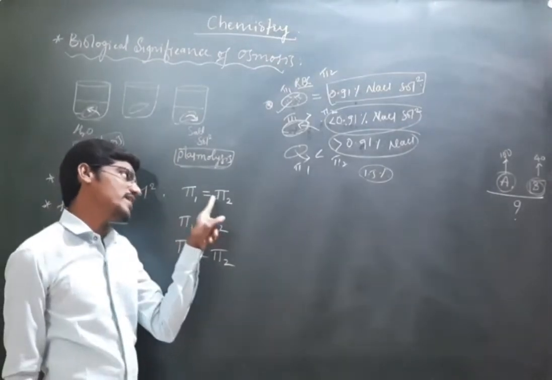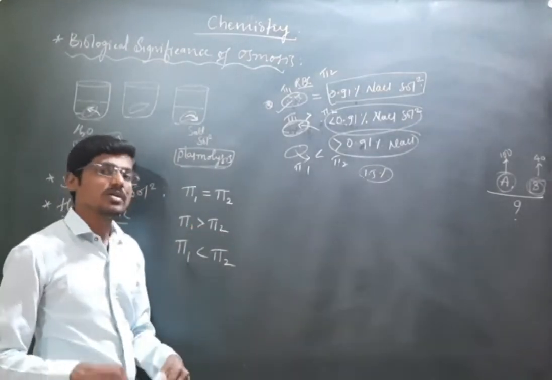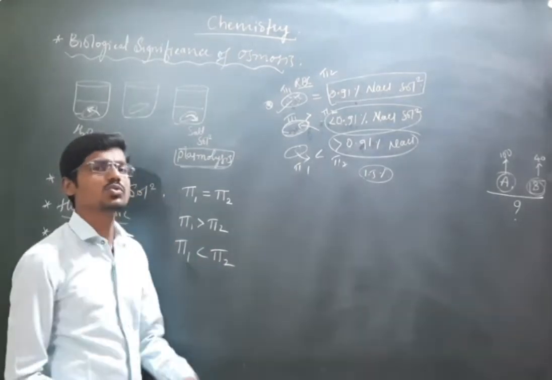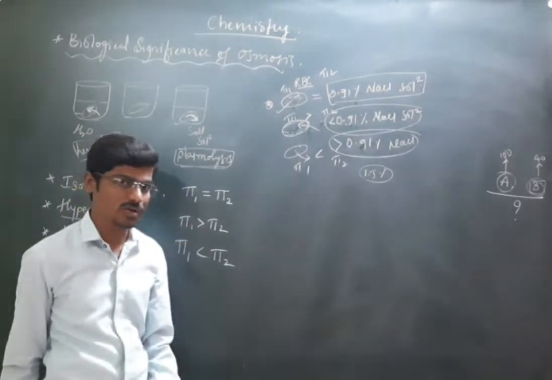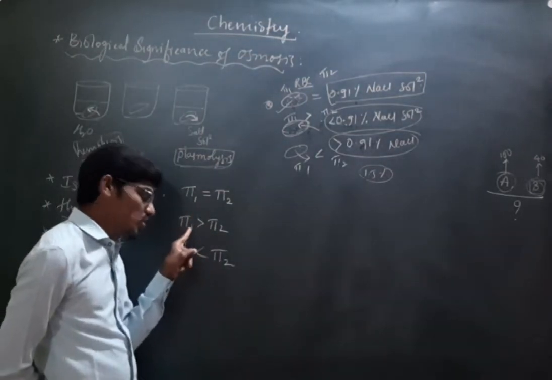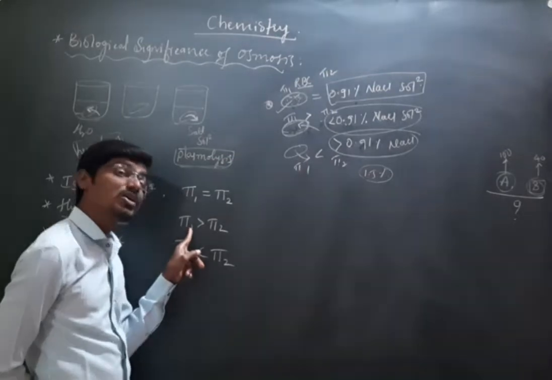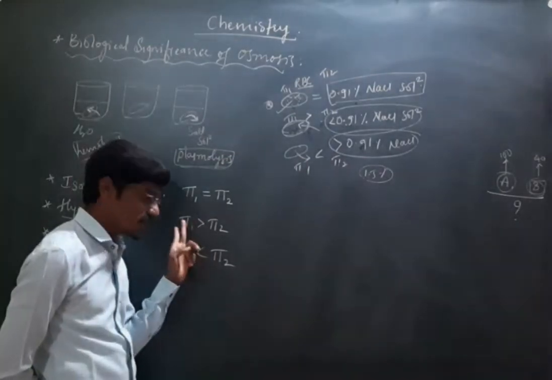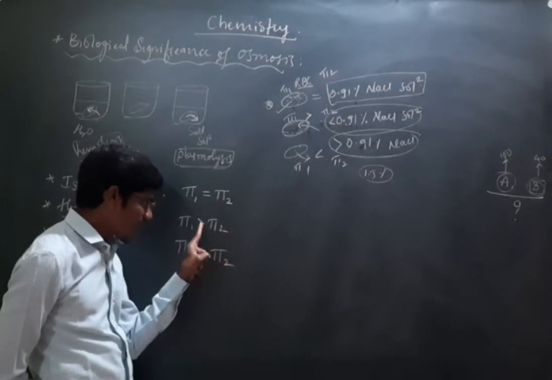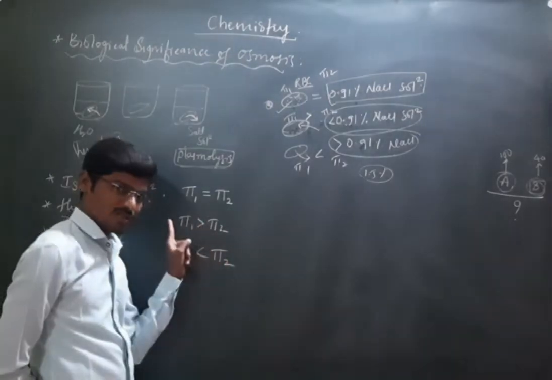Pi 1 is isotonic with pi 2. I am considering two solutions, 1 and 2, or you can take A and B, or any two solutions as per your convenience. I am saying that the first solution is hypertonic because it is greater, or else you can say the second solution is hypotonic with the first.